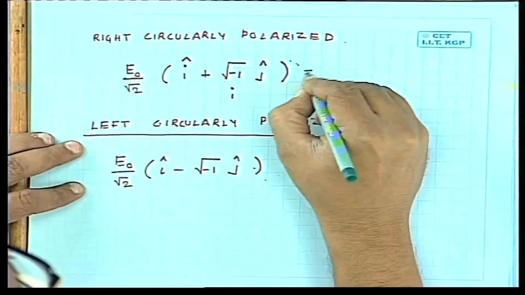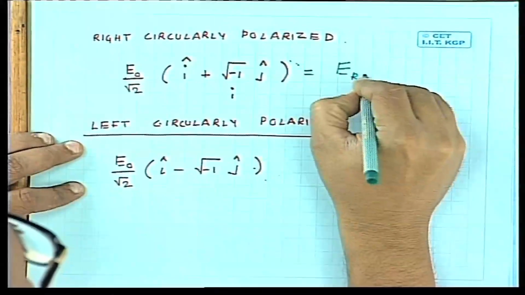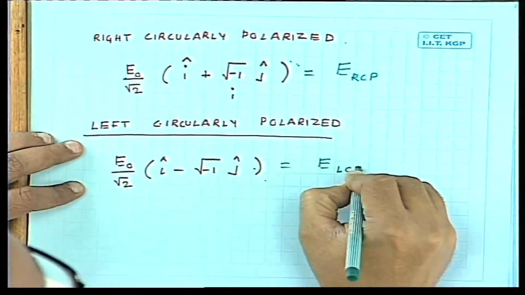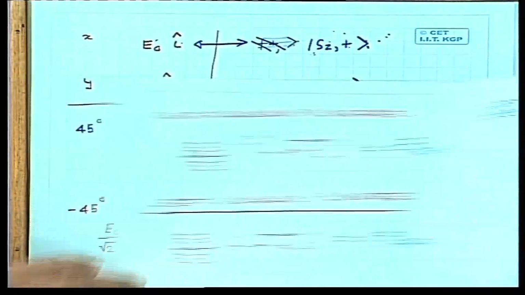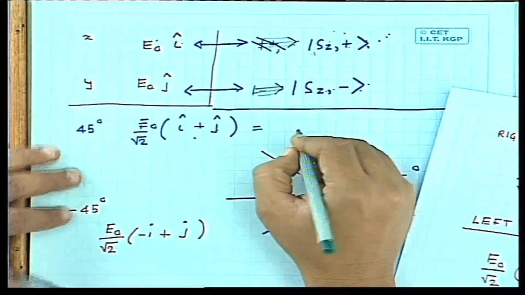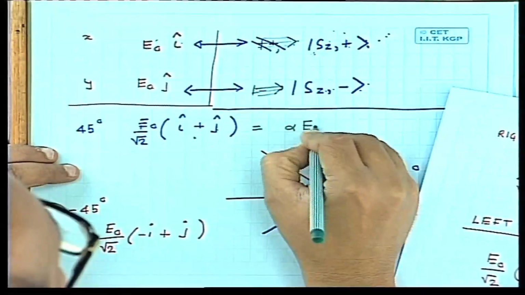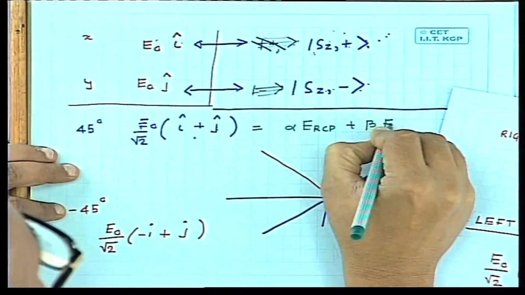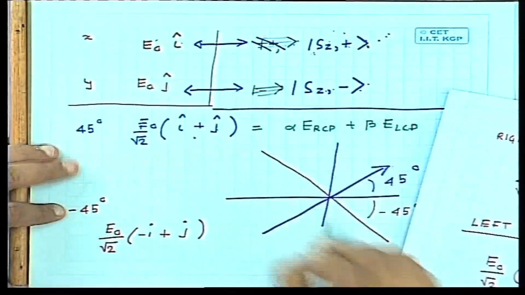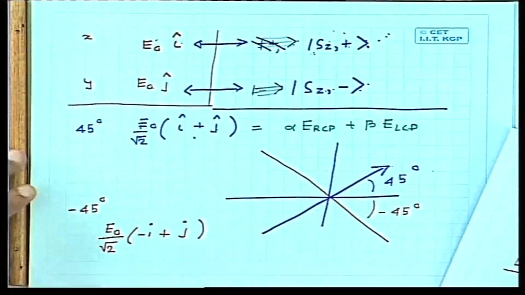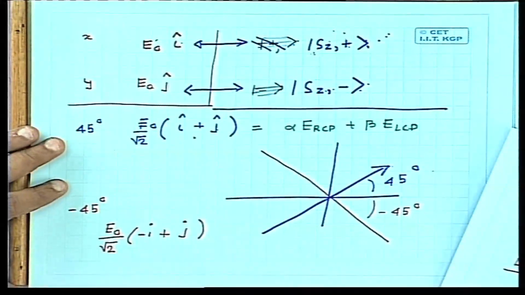Let us say we call these ERCP and ELCP. So we have to express this as some alpha ERCP plus some beta ELCP, and any polarization state can be expressed in terms of these. These are just two vectors, and it's a two-dimensional vector space, so I can express it.